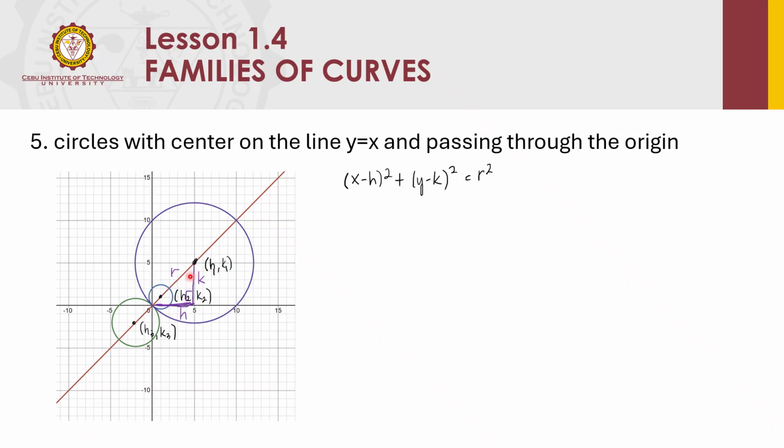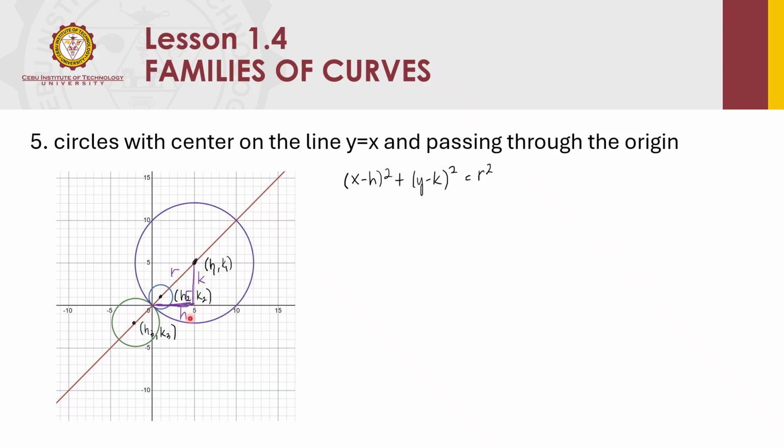Therefore, we have only h and k as arbitrary constants. But since the center is on the line y equals x, we can reduce further the number of arbitrary constants.